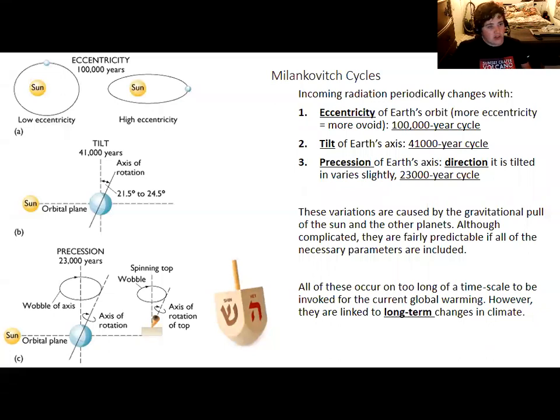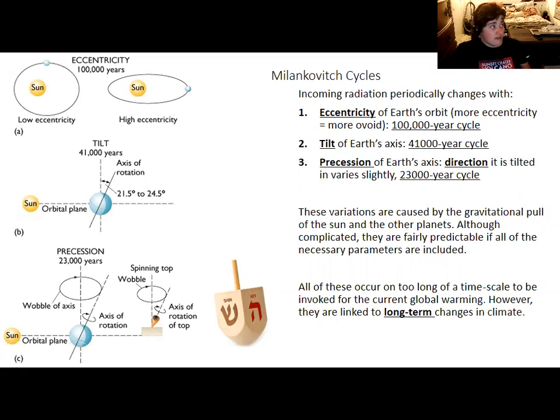The first Milankovitch cycle is eccentricity, and Earth goes between having a more circular orbit, or low eccentricity, or having a more oval orbit, or high eccentricity. Points of greatest eccentricity occur about every 100,000 years apart.